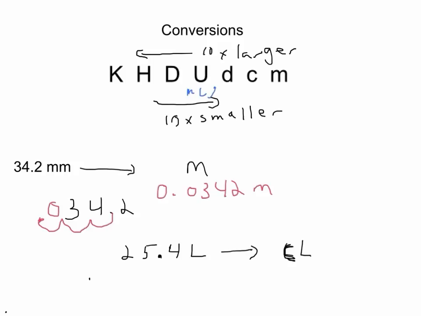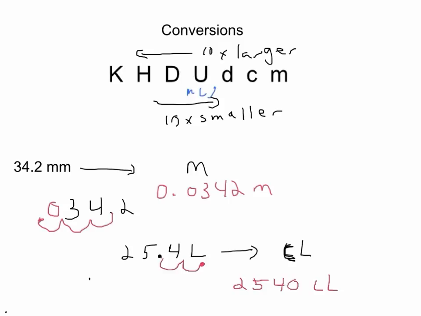So I will take the decimal point on my number and move it 1, 2 places to the right. And when I get my answer, I get 2,540 centiliters.